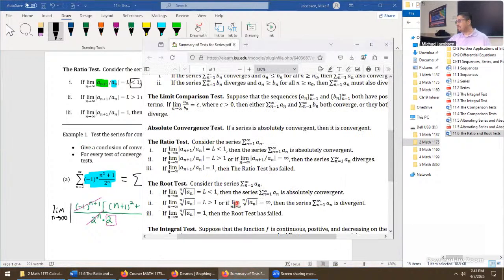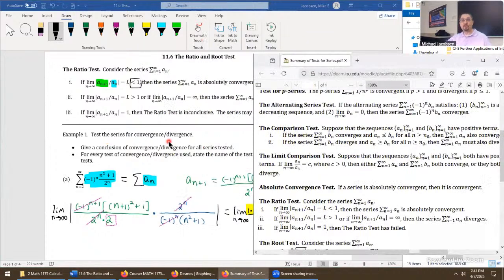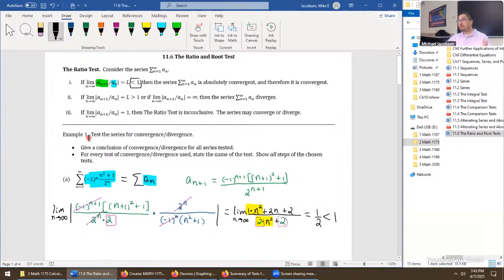Some people have taken this a little bit further because the instructions say test for convergence or divergence. And the absolute convergence test says if it is absolutely convergent, then it's in fact convergent. But if that feels redundant to you, that's good because then you're thinking absolute convergence always implies convergence. It is the right thought.